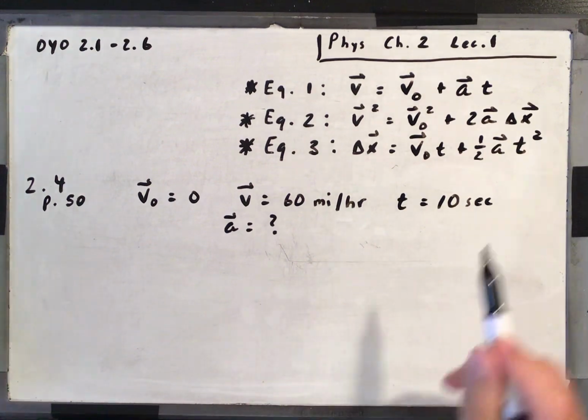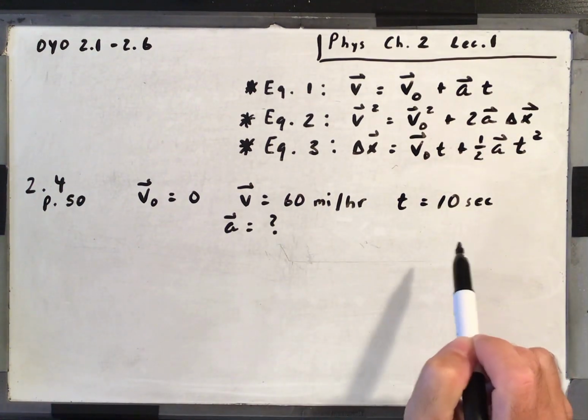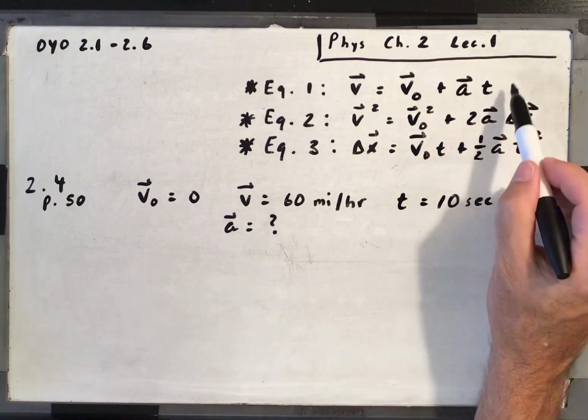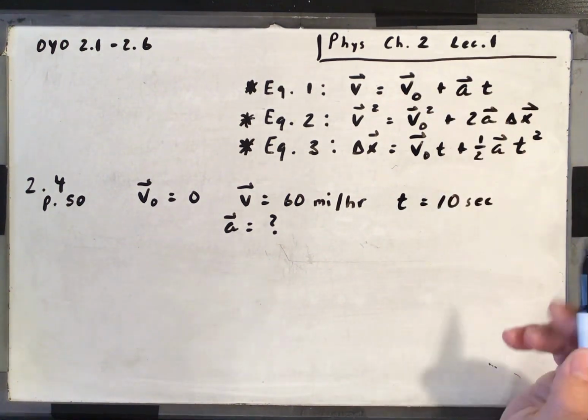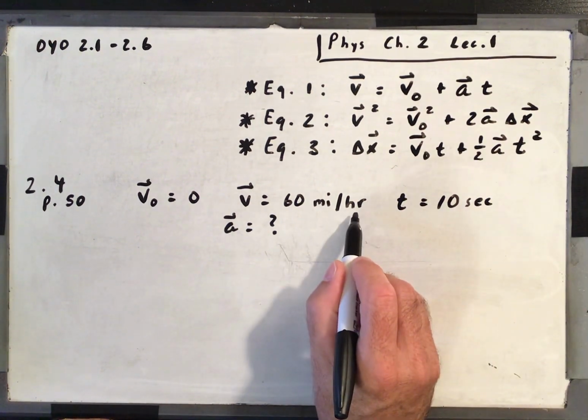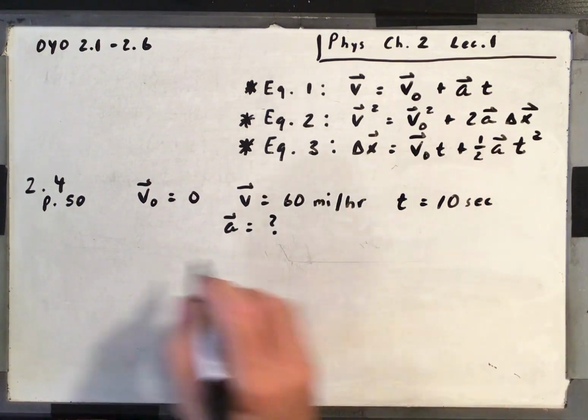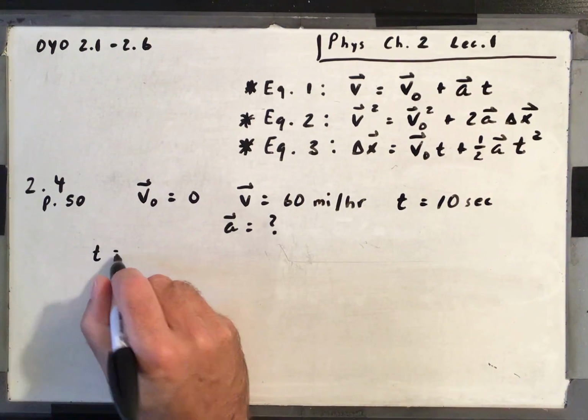Well, looking through these equations, if you have final velocity, initial velocity, and time, and you only need acceleration, the equation to use would be equation 1. However, I've got seconds and hours here, so I'm going to have to either change this to miles per second or change time to hours. I'm going to change time to hours.